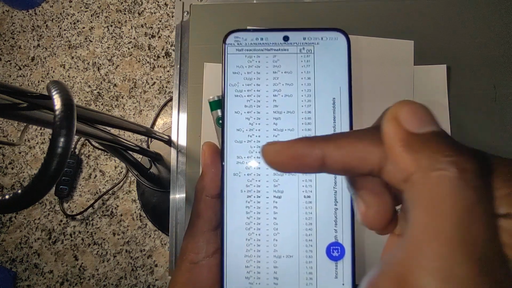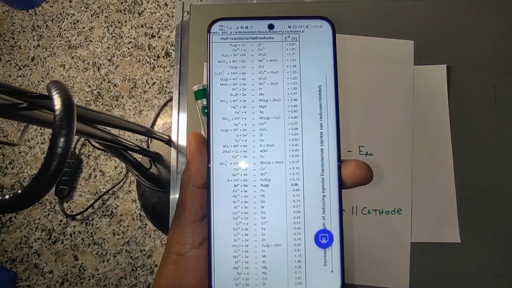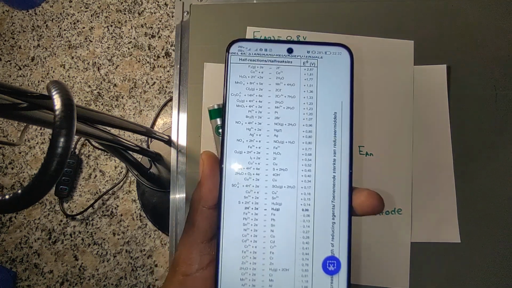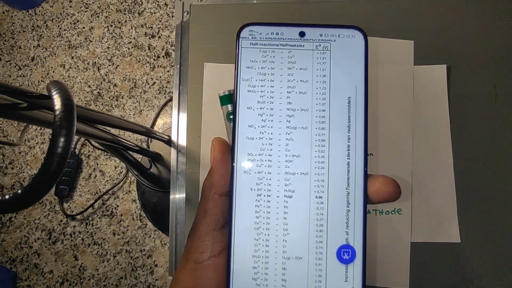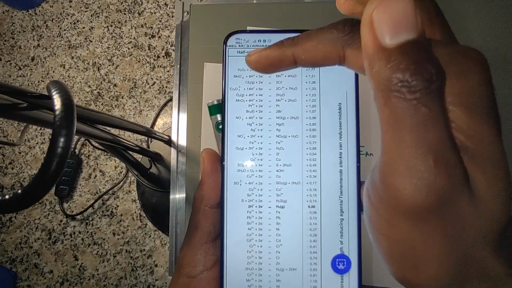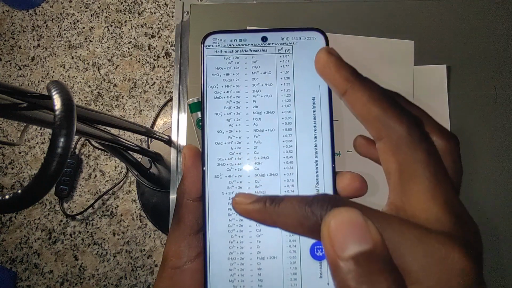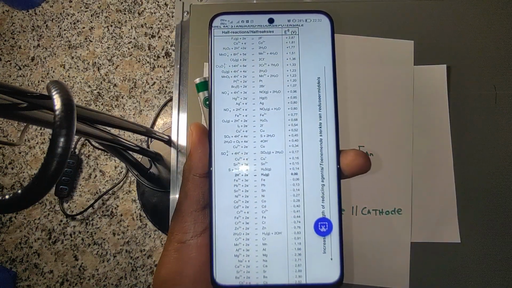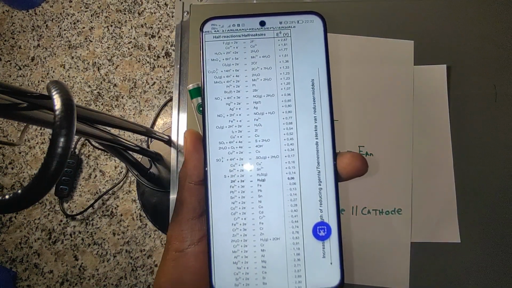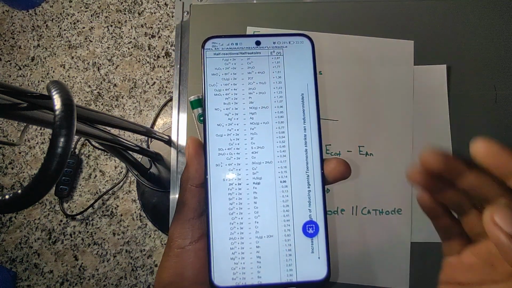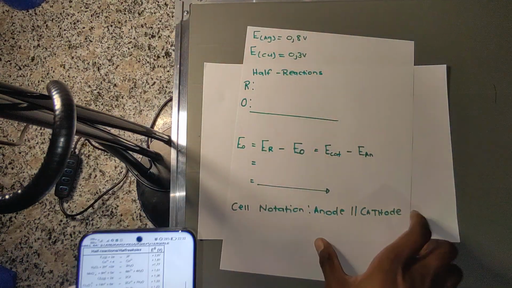So when you write the reverse reaction here, you're actually writing the reaction that happens for oxidation. So why do I say these represent reduction? It's because we can see the electrons are on the left. If the electrons are on the left, then reduction is taking place. But if you write the reverse, the electrons will now be on the right hand side.